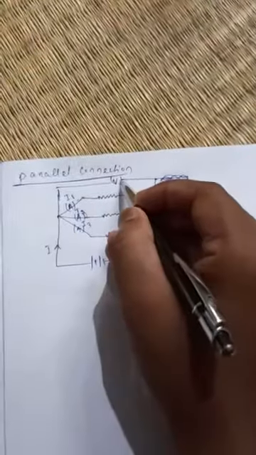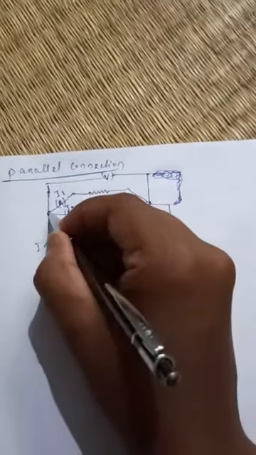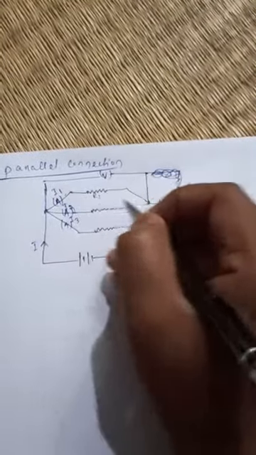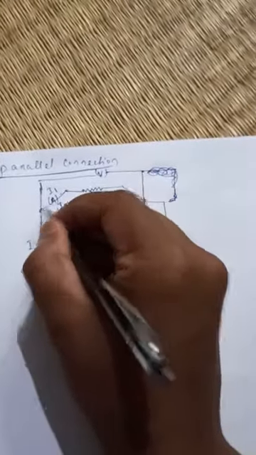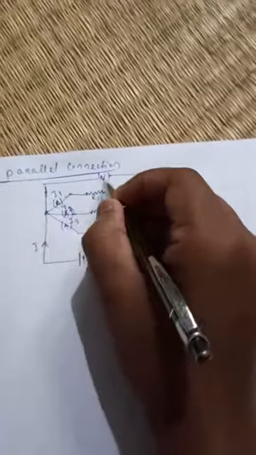But the voltage will remain the same in all three resistors. Suppose we measure the voltage of resistance R1 by connecting the voltmeter with these two ends, so it will read V volts.